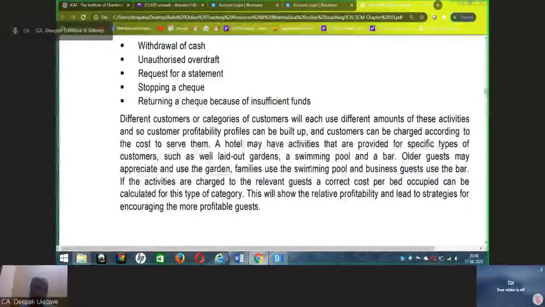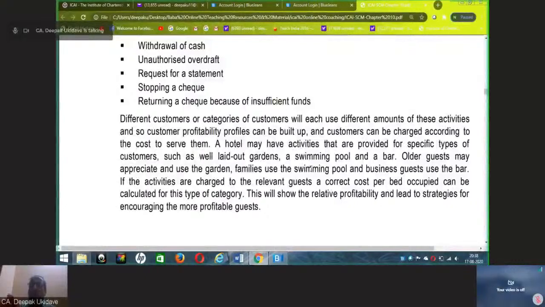The focus of customer profitability analysis is, if a customer avails a particular facility, the cost of that facility should be attributed to that customer, right? Otherwise not. Same logic that we understood in direct product profitability.